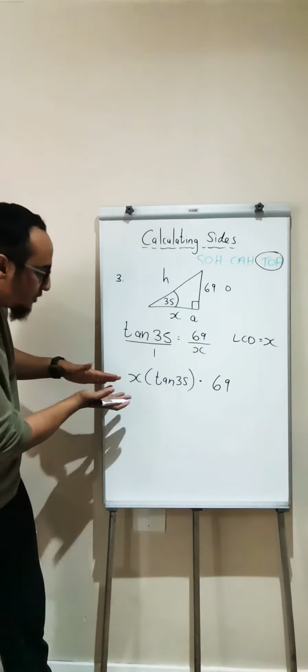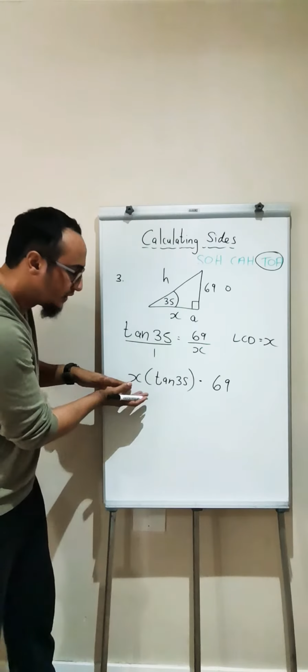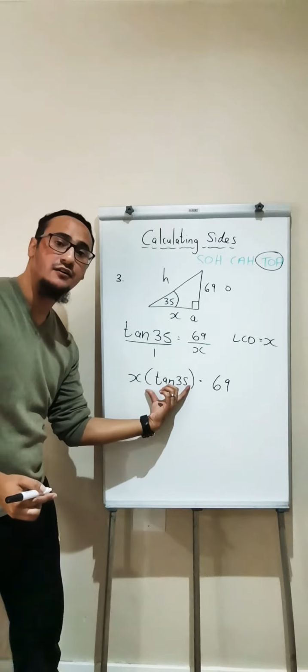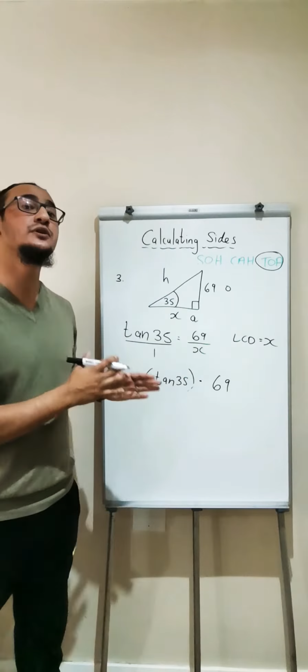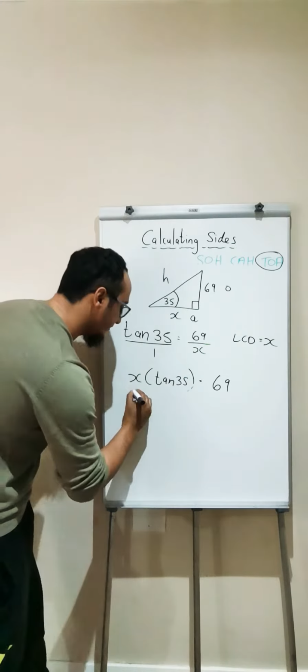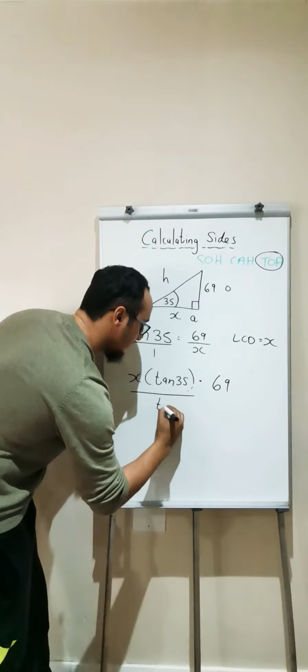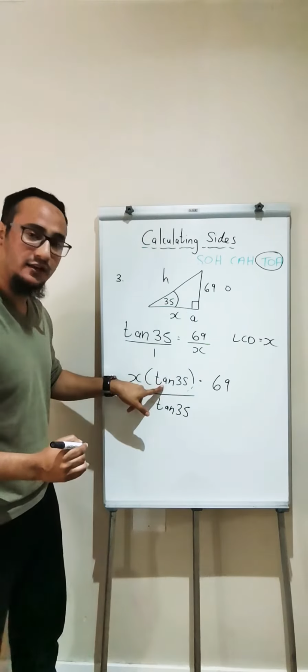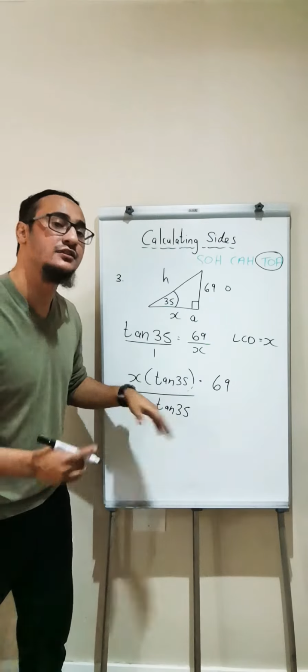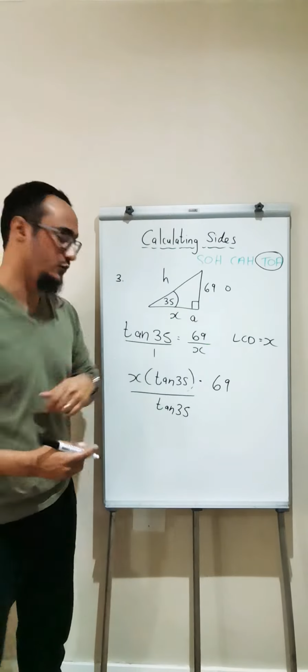Now remember, I need to calculate x over here, meaning I need to get rid of my tan 35, and the only way to get rid of that is to divide it by tan of 35. Why do I divide it? Because tan 35 divided by tan 35 is going to be equal to 1.